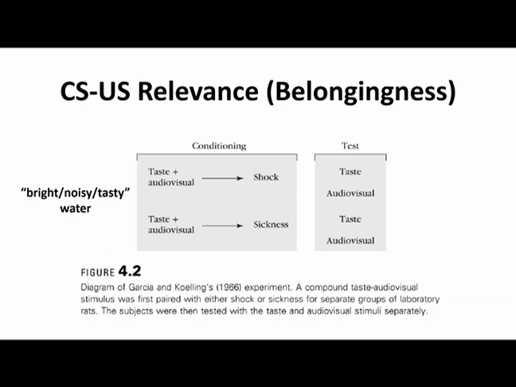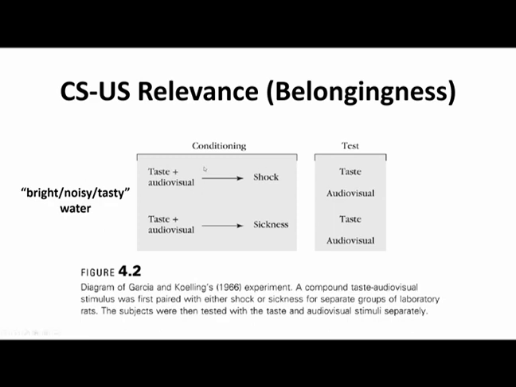So we have this compound stimulus where we have both a taste, as well as a more external measure of auditory and visual stimuli. Now, what they did was they'd have two different groups.